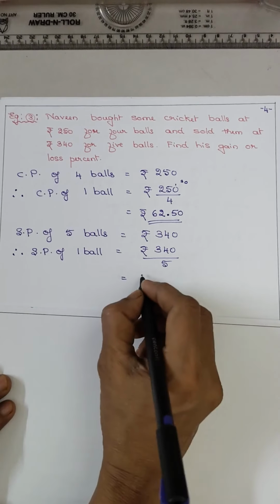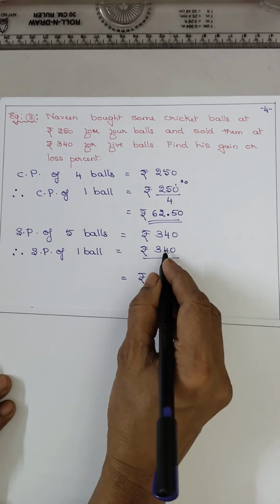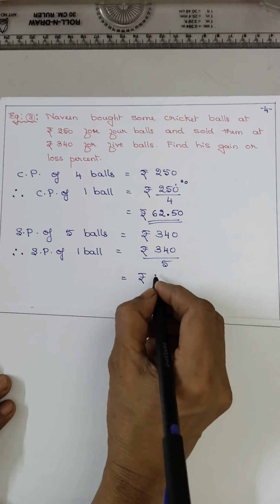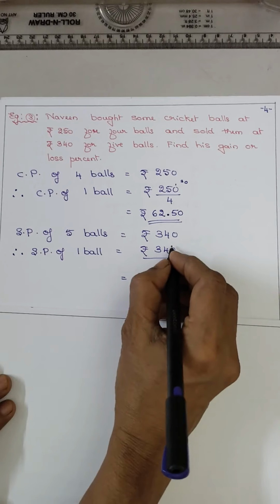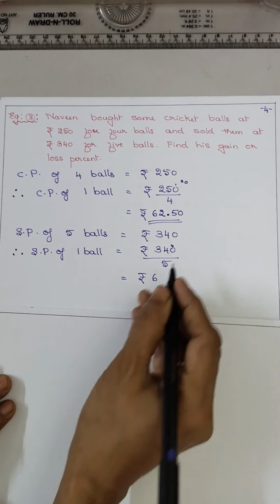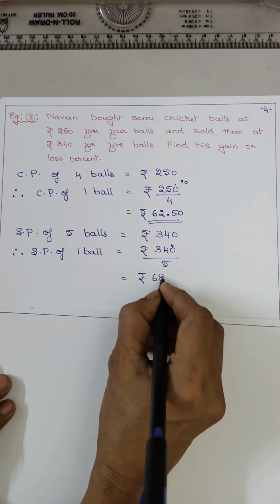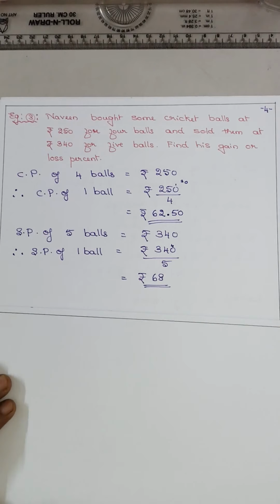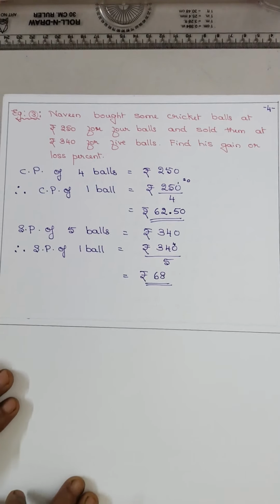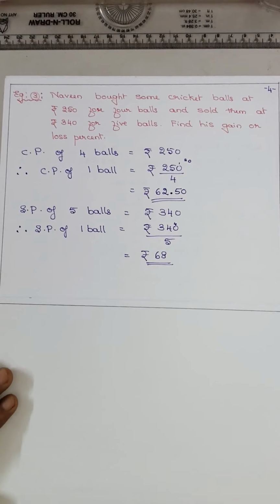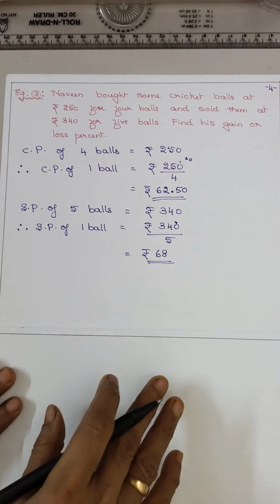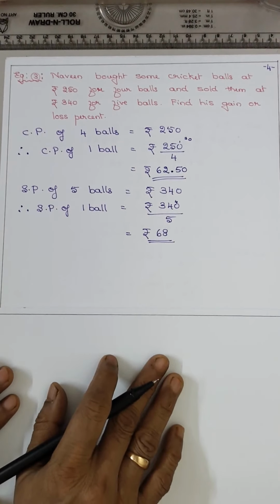It is rupees... how much? 34. 5 6s are 30. 4 remains, 40. 5 8s are 40. So you got SP to be 68. So you got the CP and SP of 1 ball.